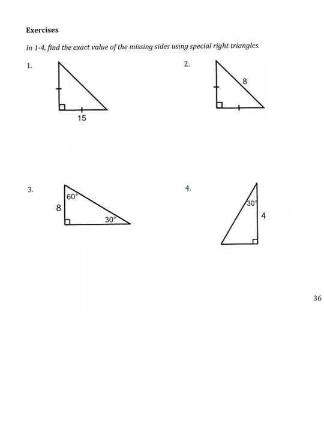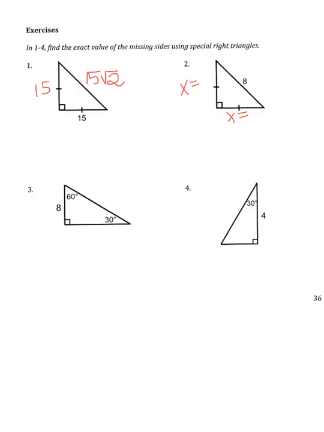Okay, so we're going to find the exact value of the missing sides using special right triangles, just an extension of what we were doing. So I see the two tick marks indicating that we have equal sides. So that means this is also the same thing, and then the length of the hypotenuse is that times a radical 2. So here I'm given the length of the hypotenuse, and I need to find these two values which are the same.